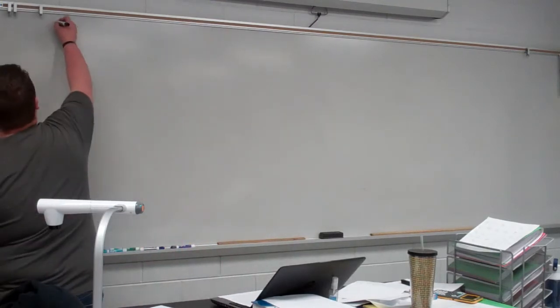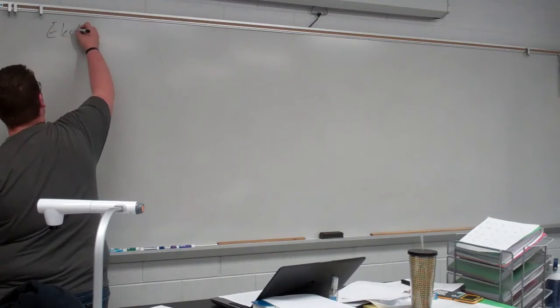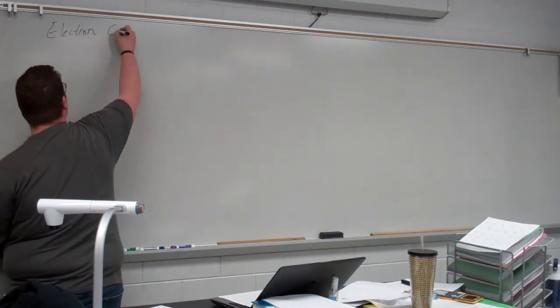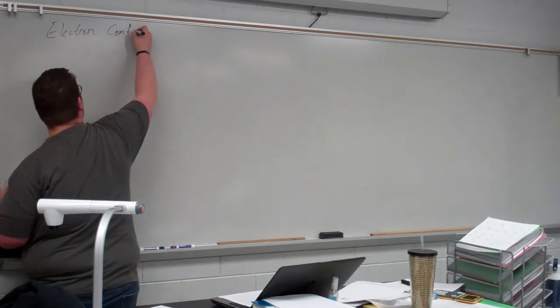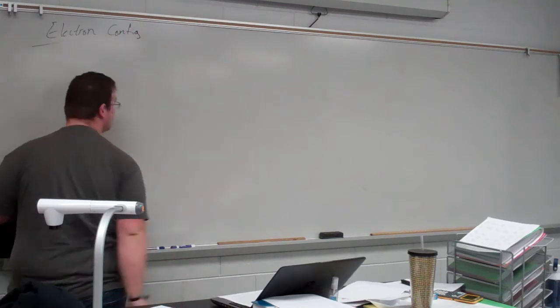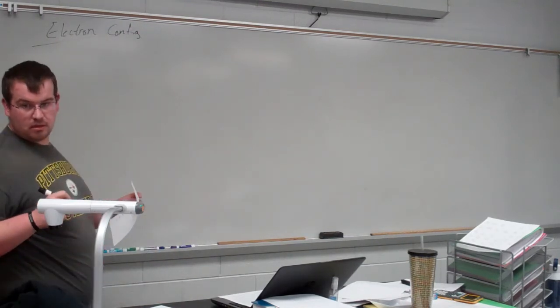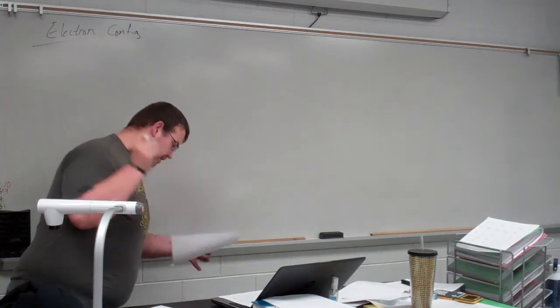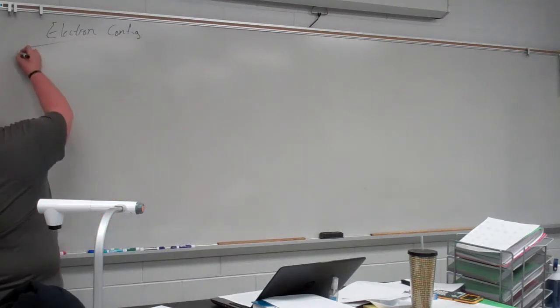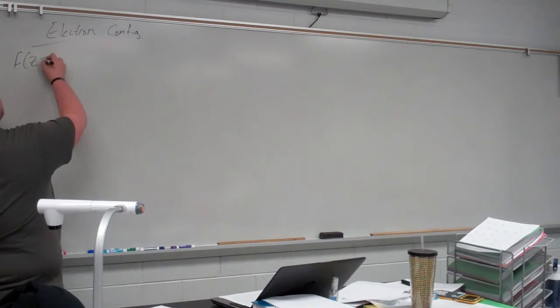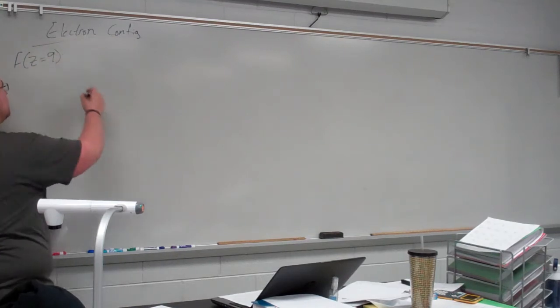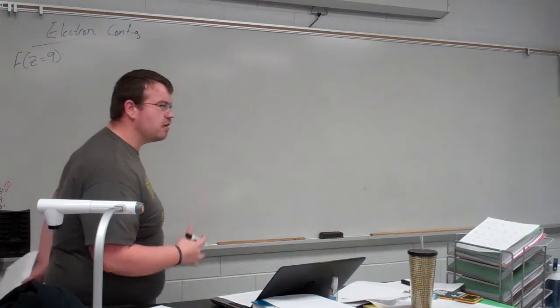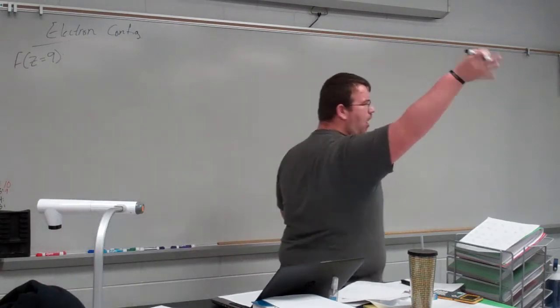Electron configuration. Wouldn't that be 2p? Here we go. The first one we have is fluorine, atomic number 9. Remember, with electron configurations, your starting point is always hydrogen.